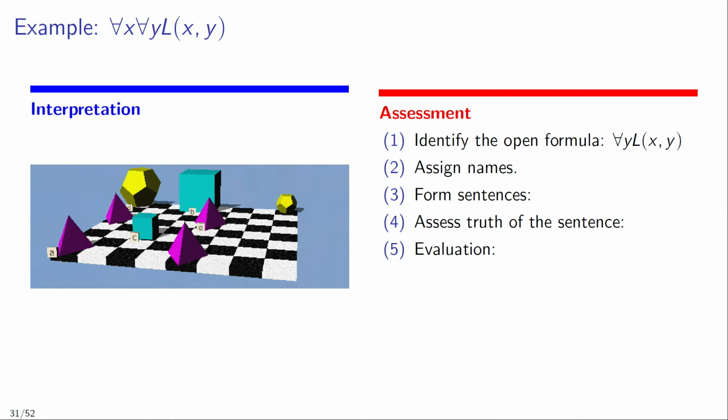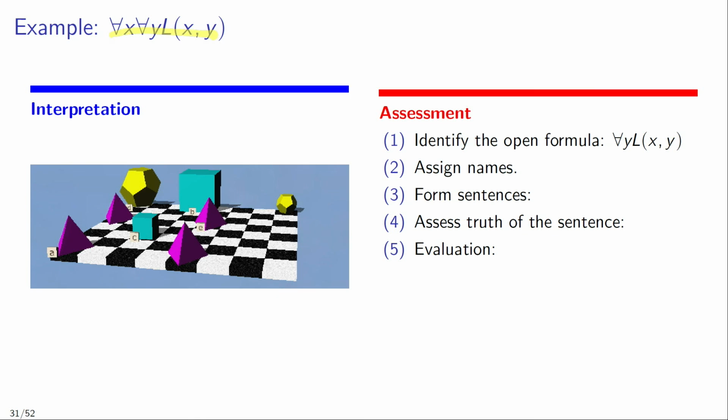So let's look at an example for how the substitution method works when we assess the truth of sentences that use multiple quantifiers. Here's an example. For all x and for all y, Lxy.